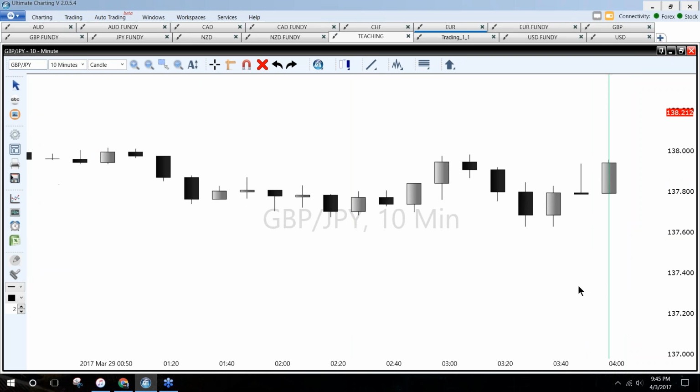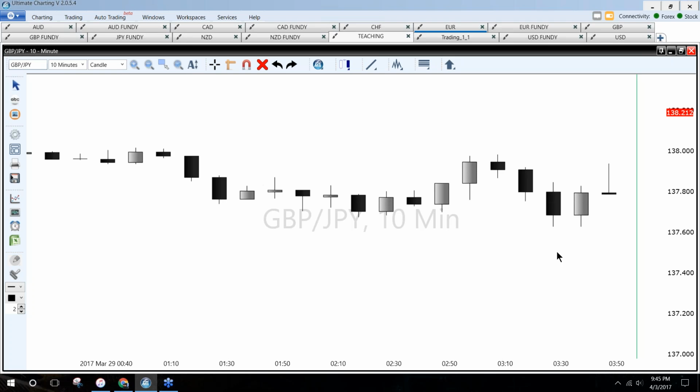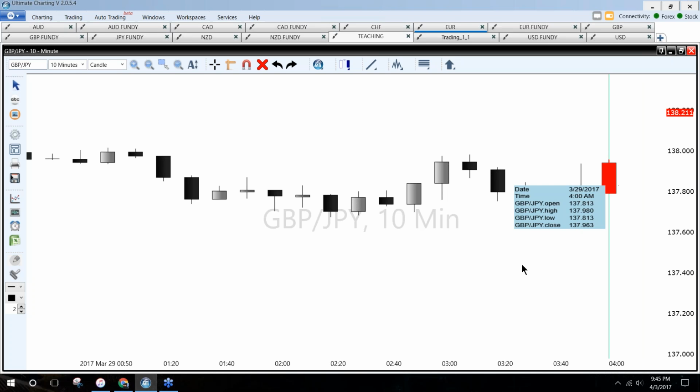Let's take a look. Mark the candle wick highs and lows. Candle wick high of 137.98. And the candle wick low of 137.81. So 15 pips above, up to 12.